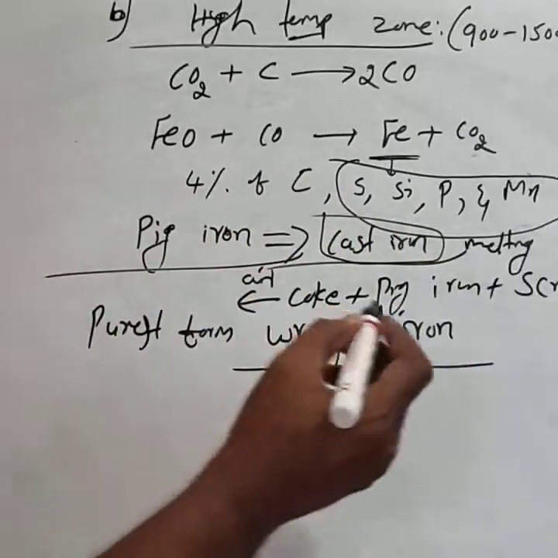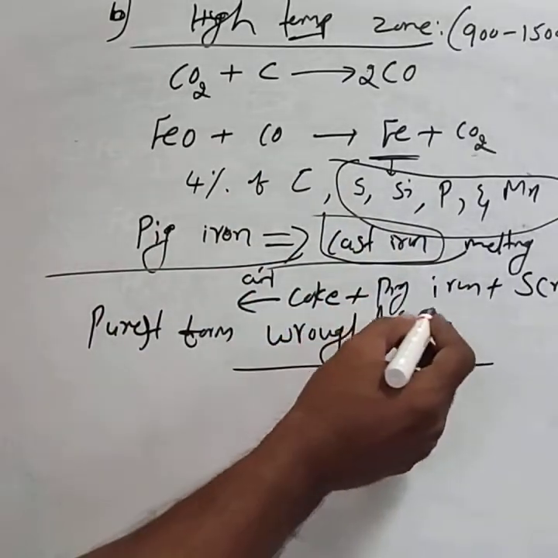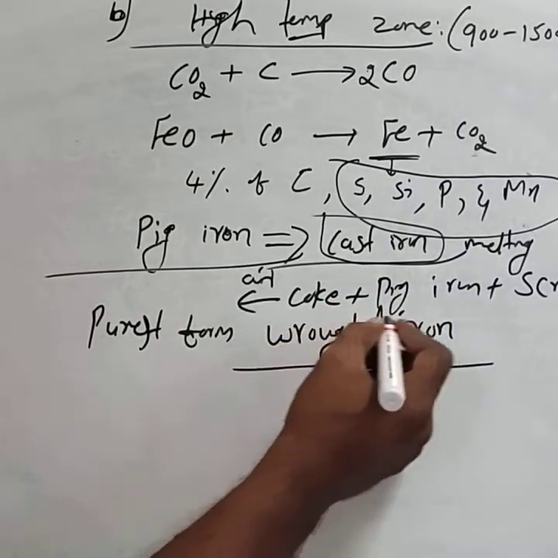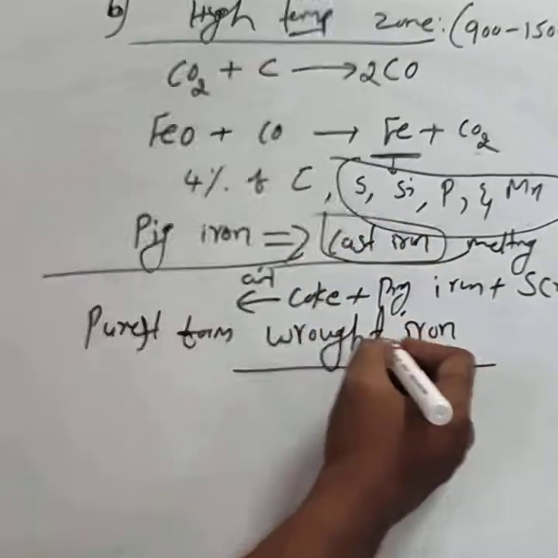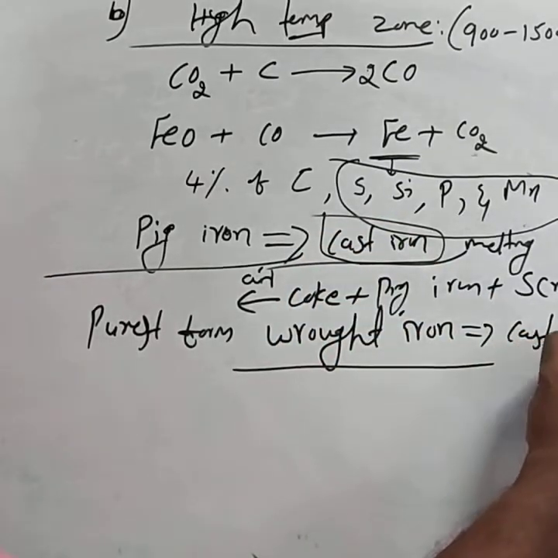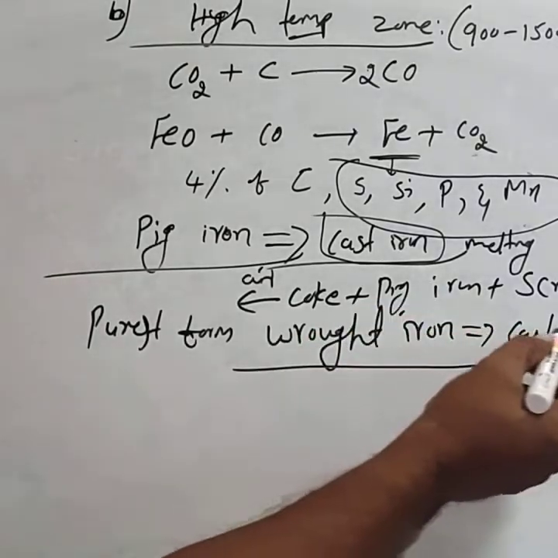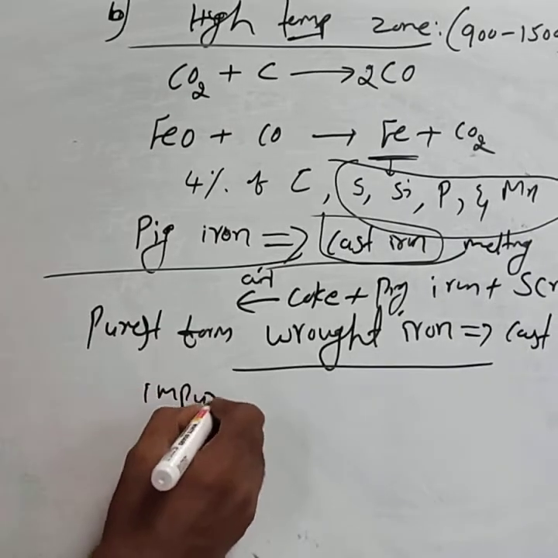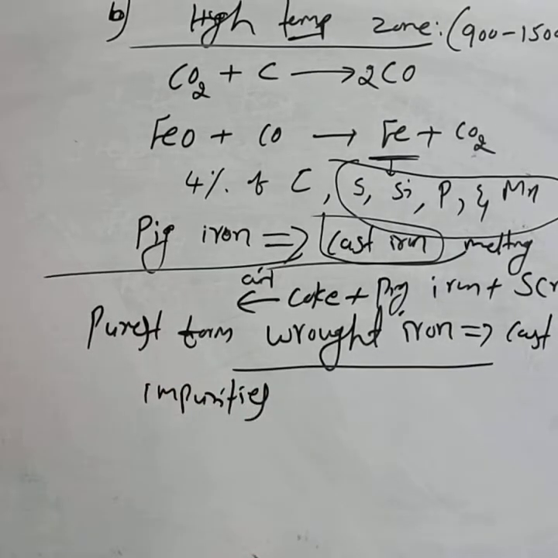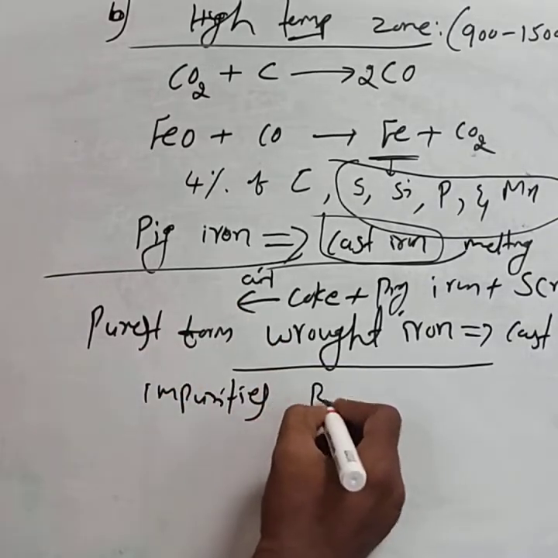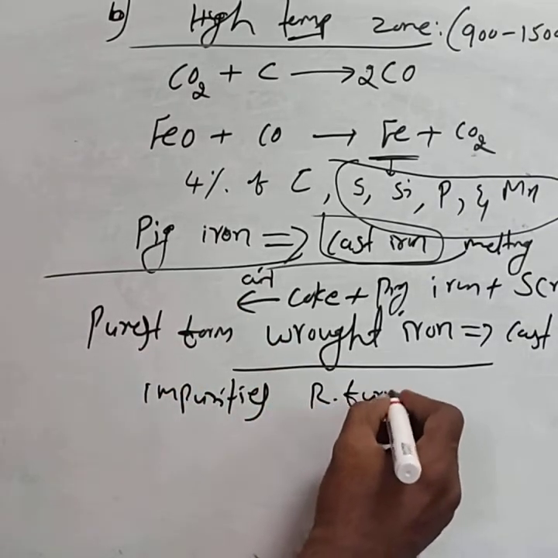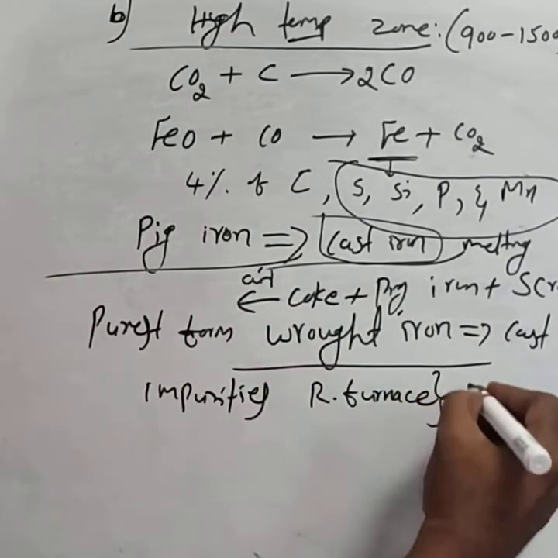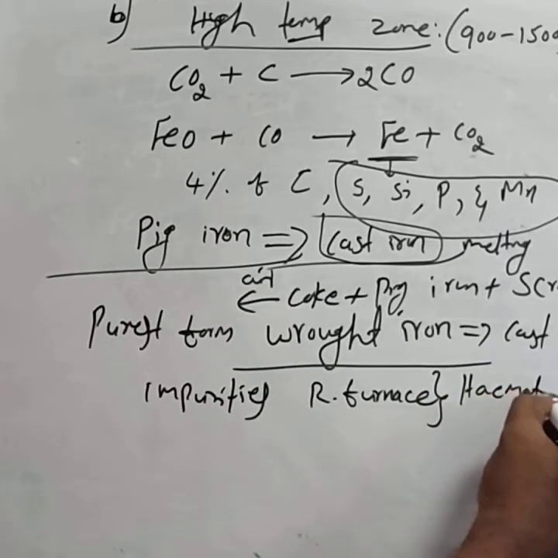Wrought iron is obtained from the cast iron by oxidizing impurities in a reverberatory furnace. This furnace is lined with hematite.